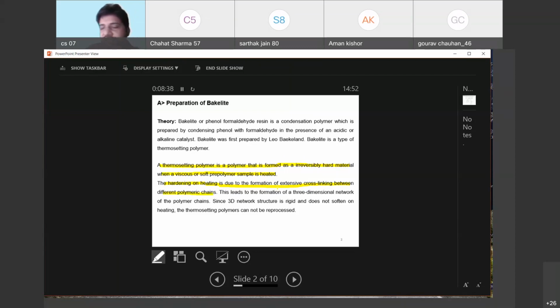This hardness is because when you heat thermosetting polymers or bakelite, they form extensive cross-linking between different polymeric chains. What happens is that you have different chains, and when you heat them they form cross-linking between the different polymer chains.